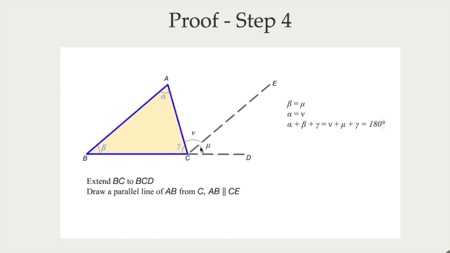Of course, this is from the very first result: if it's a straight line, then the angles sum up to 180. By combining the earlier results, we have these three equations, and at the end you see that the summation of interior angles equals 180 degrees.